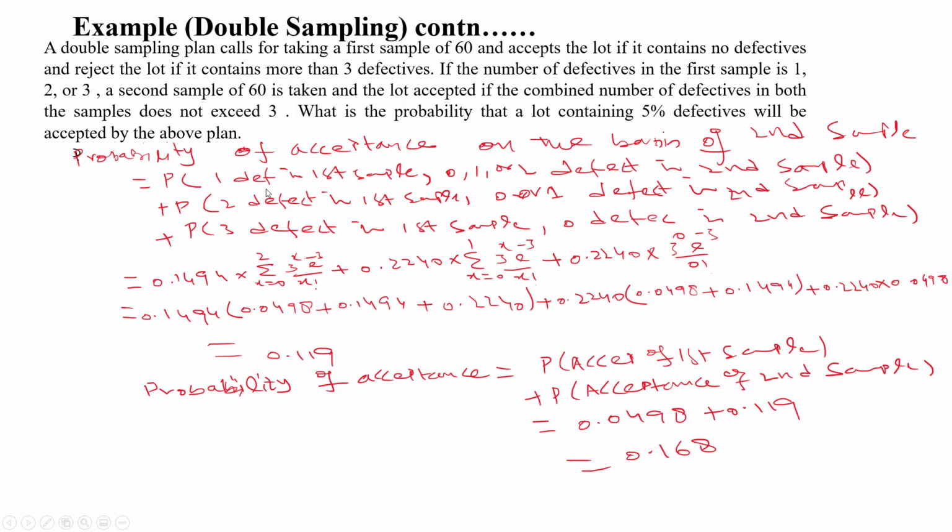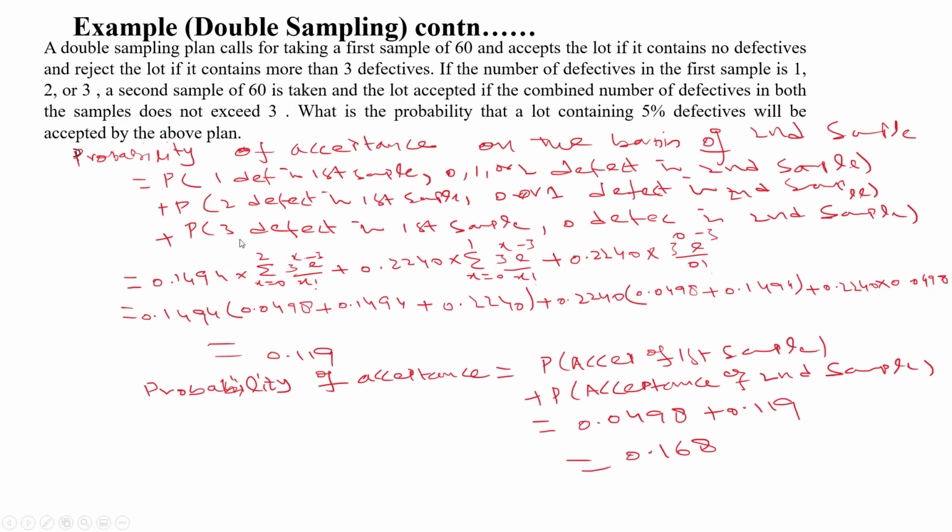Plus, there is also a combination that maybe there will be 2 defective in the first sample, or 0 or 1 defective in the second sample. So 2 plus 0, 2 plus 1. We are not going to exceed more than 3, because then the lot will be rejected.